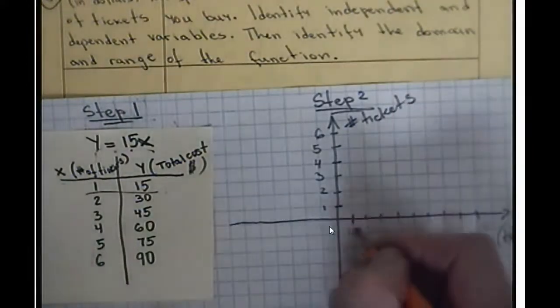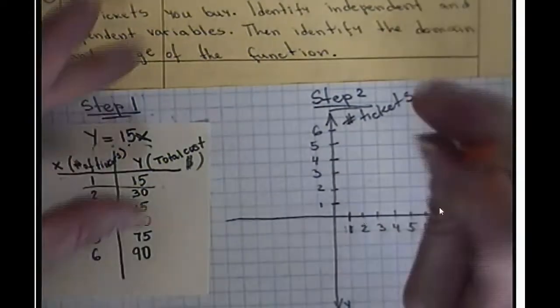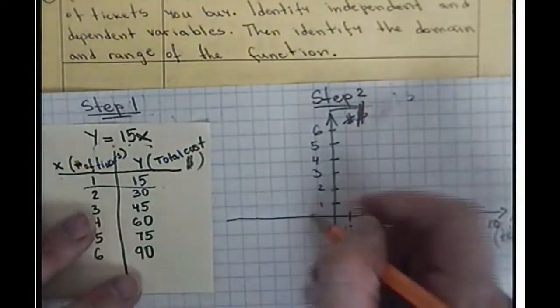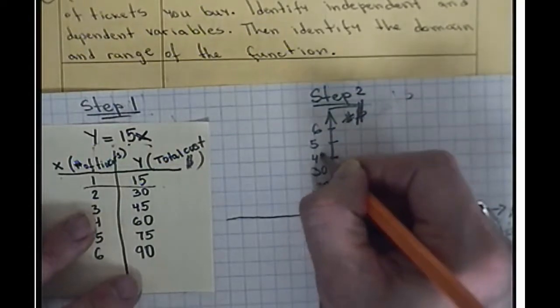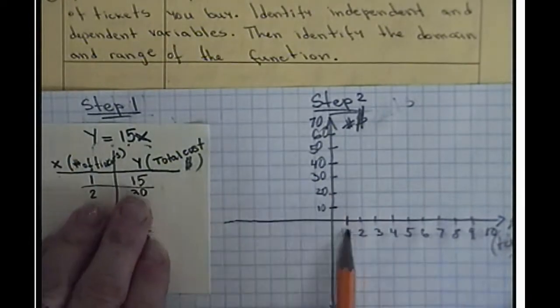So this will be 1, 2, 3, 4, 5, 6, 7, 8, 9, 10, if we talk about 10 tickets. Sorry about that. And this will be the dollar amount here. Okay, so this will be the price, and I will go 10, 20, 30, 40, 50, 60, and keep going, 70, 80, and 90. So maybe we can do just a few points. Alright, so sorry about that again.